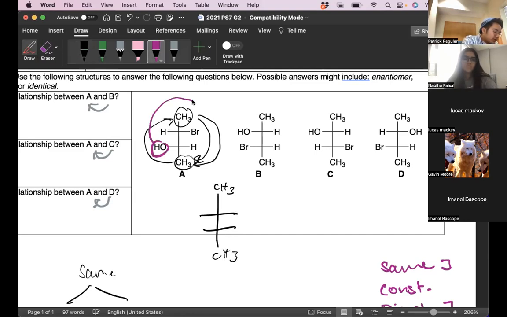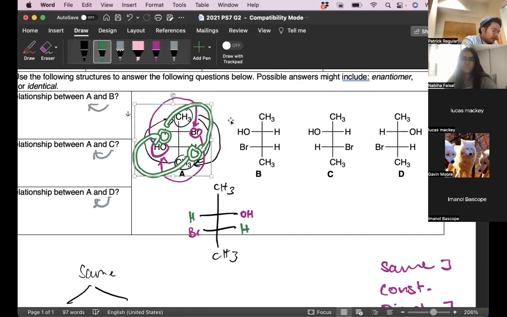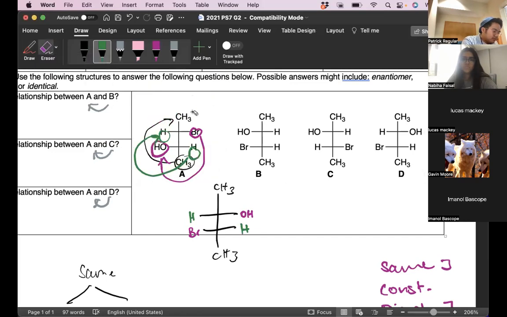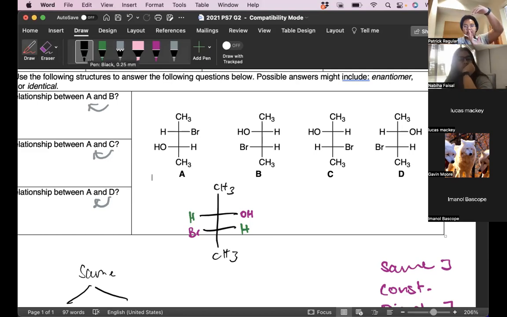This OH would rotate completely over here, and this Br would rotate 180 degrees over here. Br, OH. Then the H is here, and that H here. So if I erase all these arrows, do you see how I basically just took A and rotated it while it's on the page?